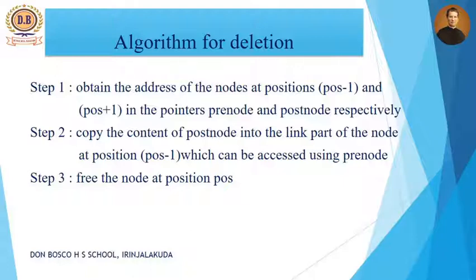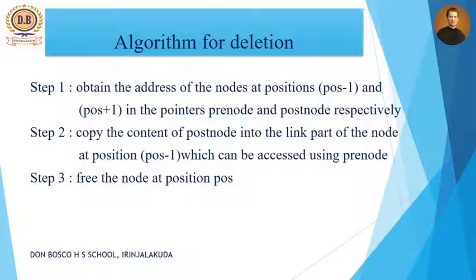Then step 2: copy the content of the post-node to the link part of the node at position POS minus 1. POS minus 1 is definitely the pre-node. So copy the link part of the post-node into the pre-node.